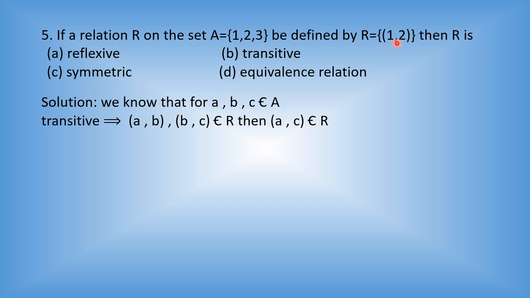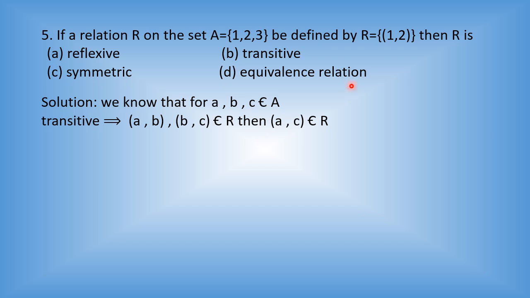But there is only one ordered pair (1, 2), and there is no other ordered pair to compare. If there were one more ordered pair such that this condition holds but the ordered pair (a, c) does not belong to R, then we would say the relation is not transitive.